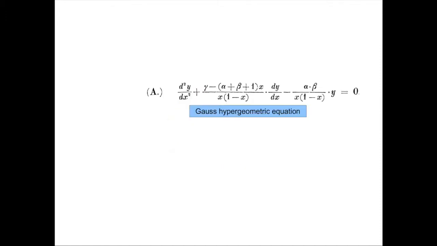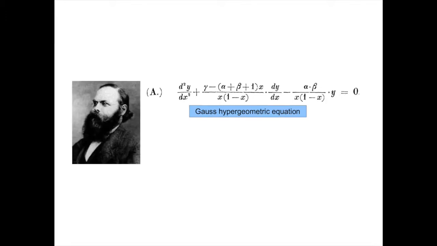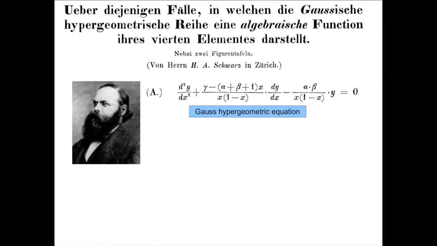As I will deal with the case of first order and first degree, I would like to start with the history of the subject. I think much of the activity was spurred by the work of Schwarz on this particular differential equation, the Gauss hypergeometric equation. In this paper, he produced a complete list.